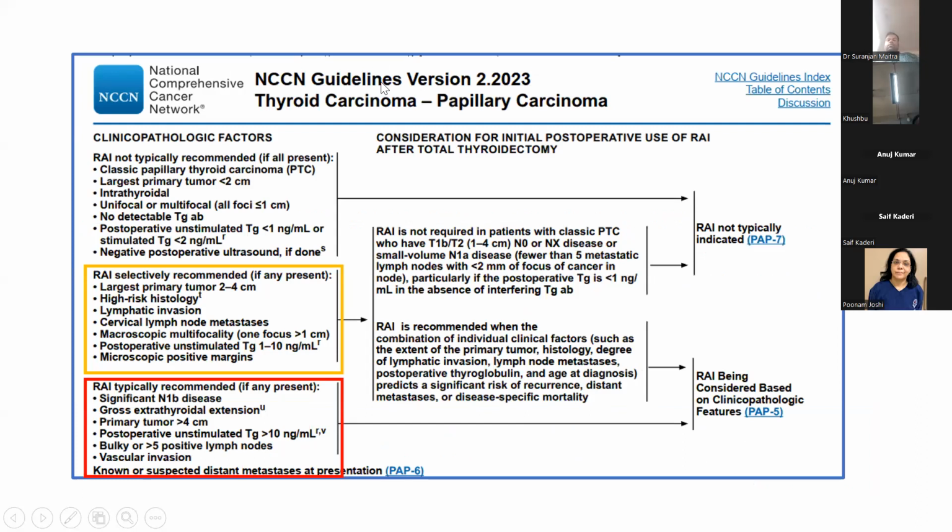And these are the latest NCCN 2023 guidelines that talk about use of radioactive iodine, which is selectively used and typically recommended, again, which is similar to what we discussed for the ATA guidelines.